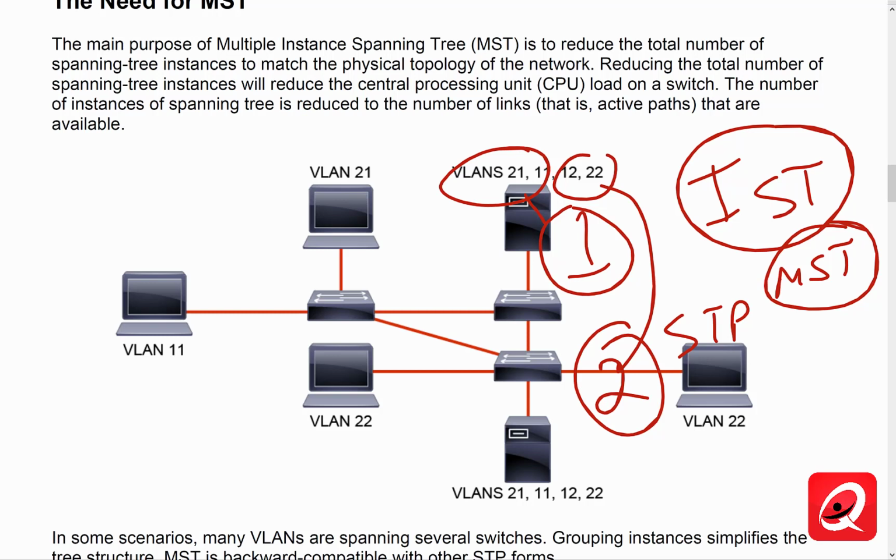The initial spanning tree instance is always going to exist because we have to have some way of handling the VLANs that are not assigned specifically to other instances that we create. So there always has to be that default instance.